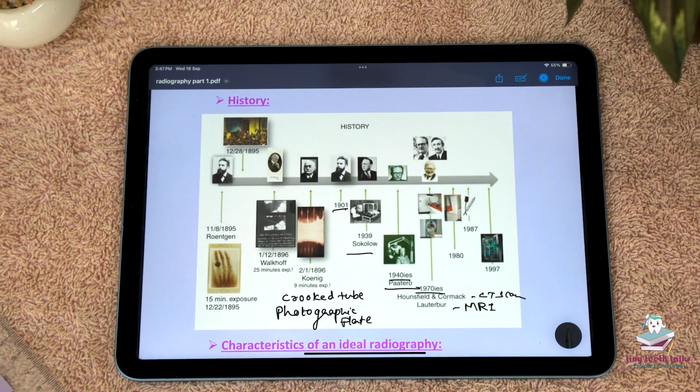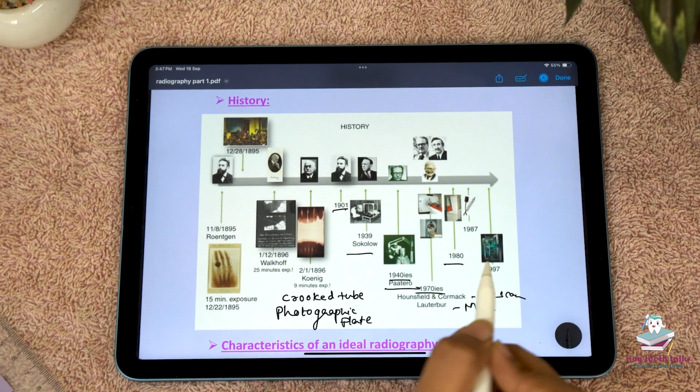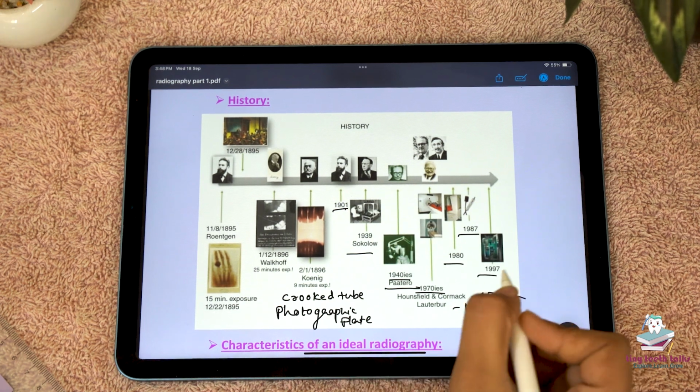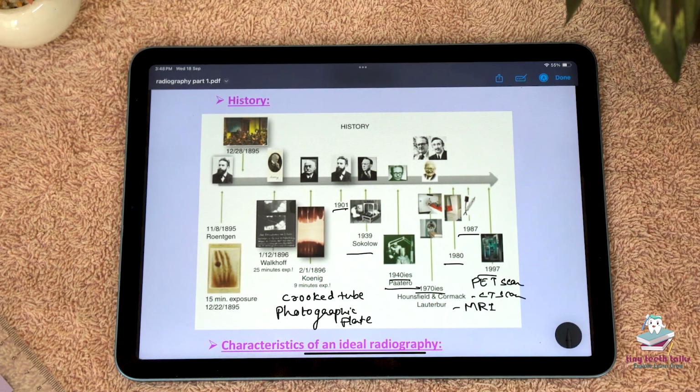In the 1980s, there was an invention of a high quality generator for better X-ray images, and in 1987 there was the invention of digital radiography. In 1997, the PET scan was invented. So there are some important inventions which we have to remember in dental radiographic history.